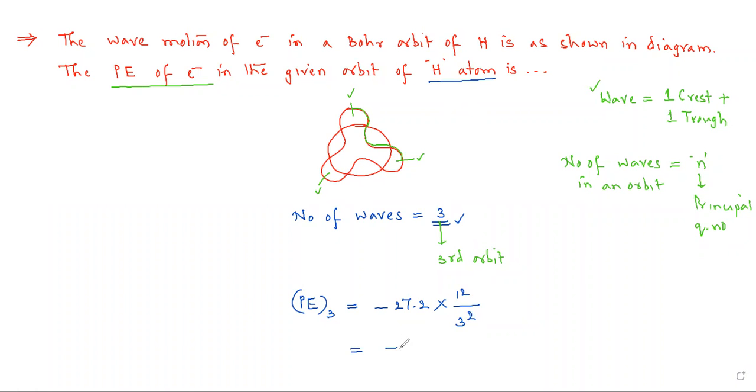So minus 27.2 by 9. This can be written as, 9 3s are 27, then 2s are. Minus 3.02 electron volts is the potential energy of electron. So here the interesting point is number of waves is equal to principal quantum number. Okay.